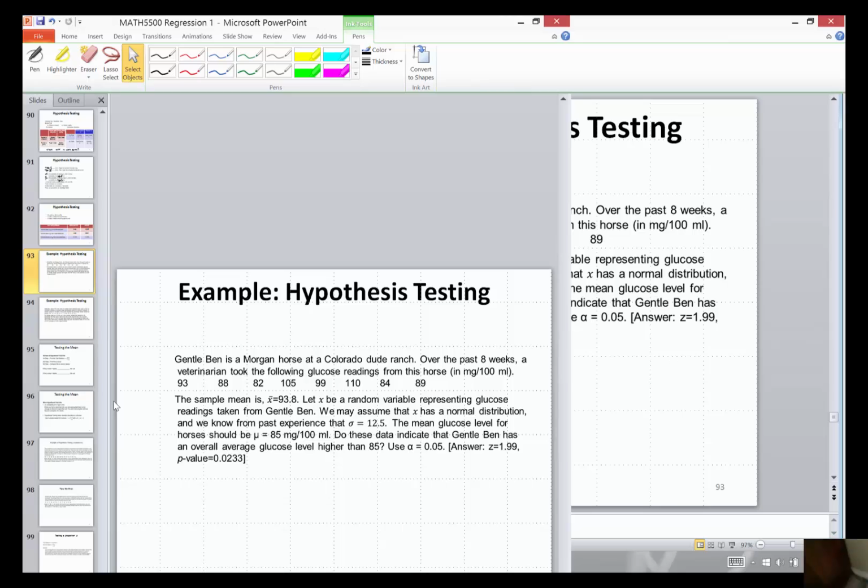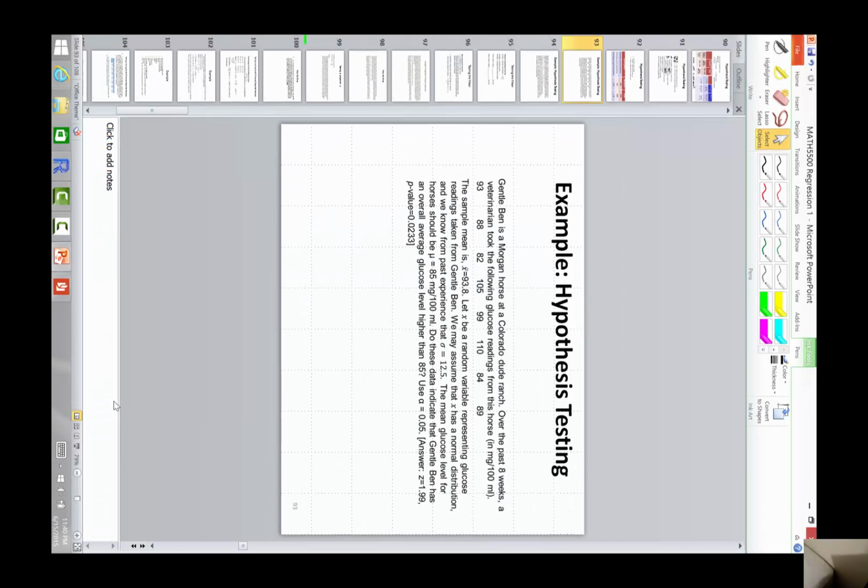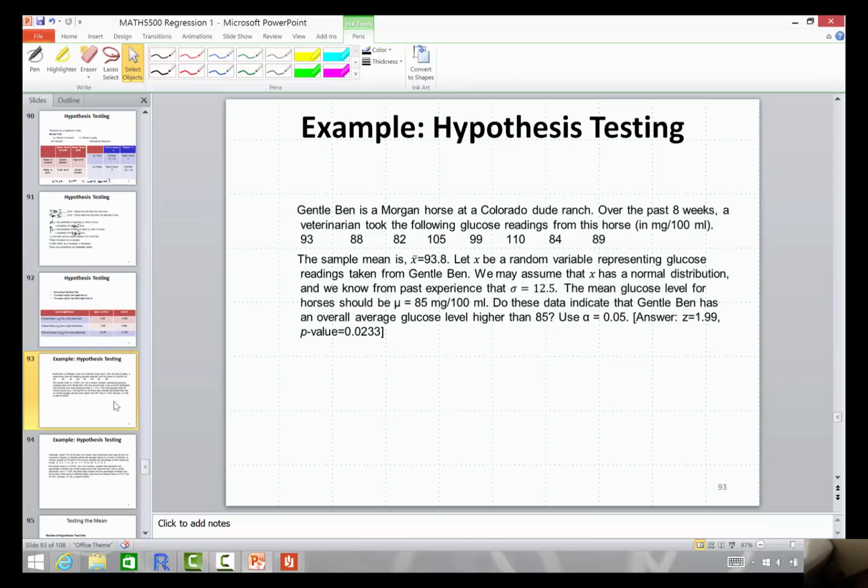You need to check whether the conditions for the central limit theorem hold or not. Let me write that down here.